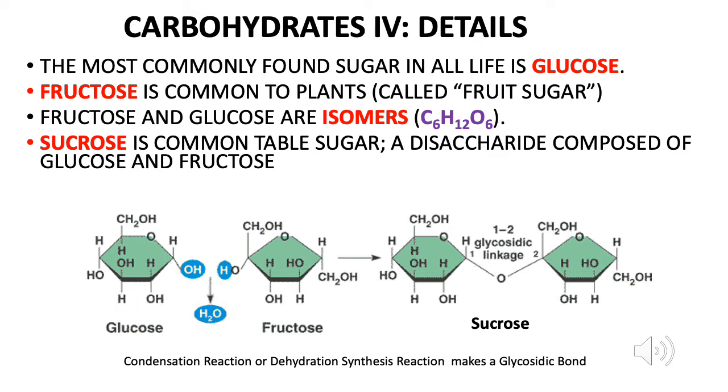And if you take a look at the illustration, you'll see that water is being removed in combination from the glucose and the fructose. So that reaction qualifies as a dehydration synthesis or a condensation reaction, creating that glycosidic linkage between glucose and fructose.